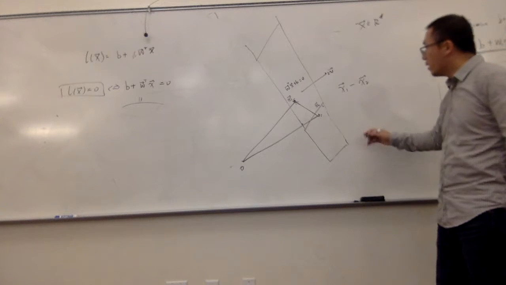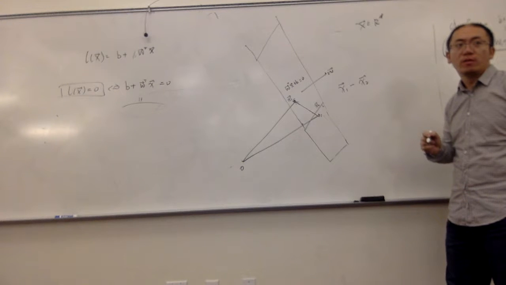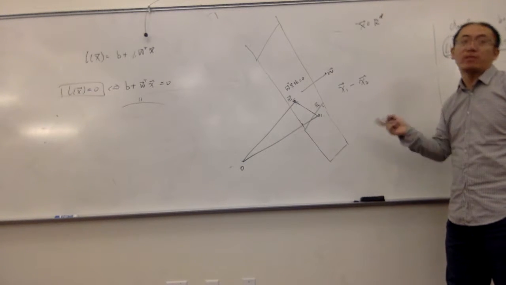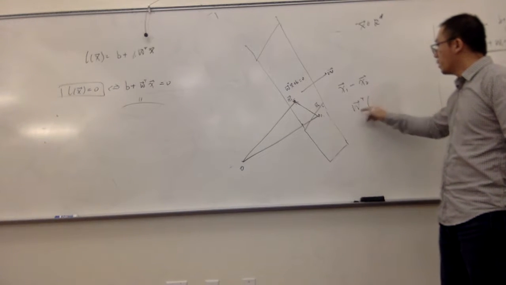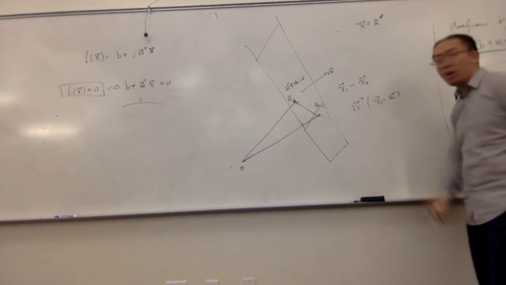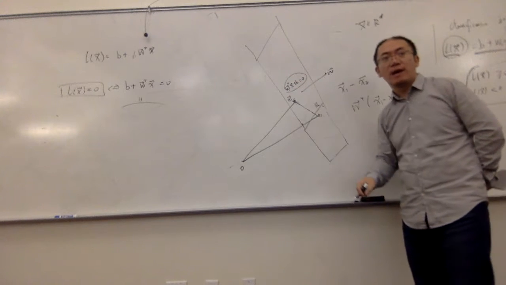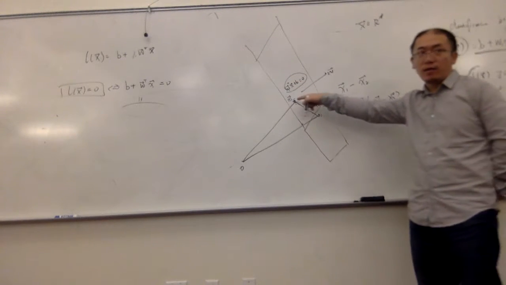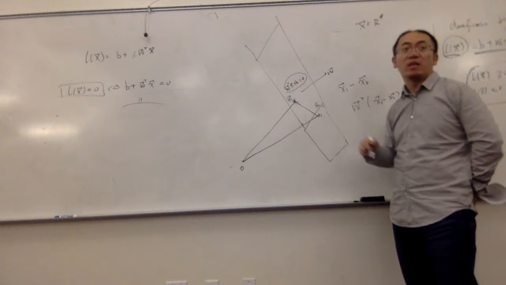Then how can we verify W is orthogonal to this? Cross product of W and x1 minus x2 should be 0. Yes, we can simply check the inner product between W and this. And now we need to use the knowledge here. Any points which stay on this line have W transpose X plus B equals 0, right?